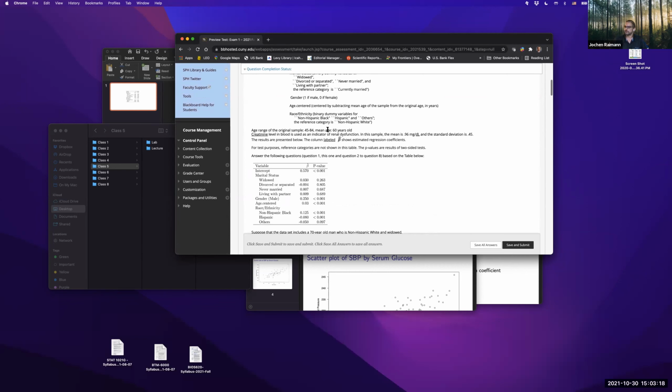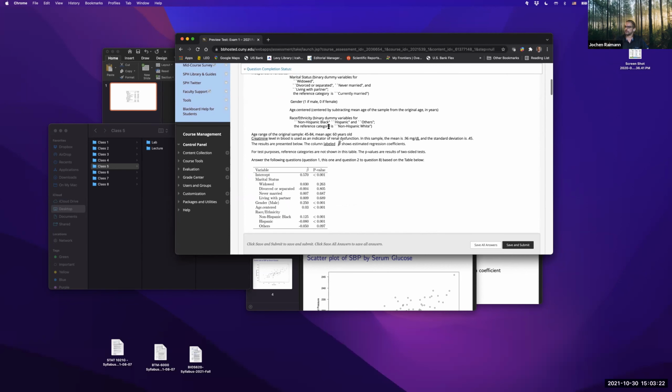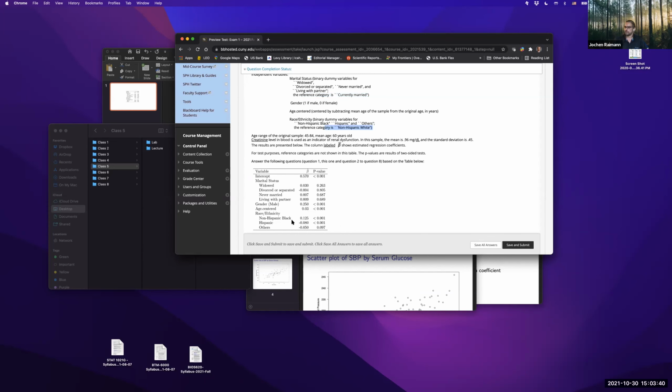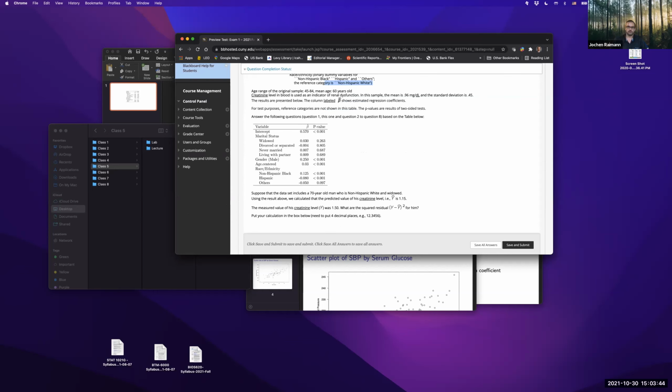So we have the different categories here, so we know what the respective reference values are. The reference category for marital status would be currently married. For race ethnicity, the reference category would be non-Hispanic white. So we only see the betas that are deviating from 0 here.